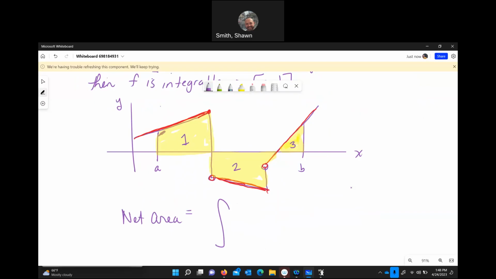And now this says definite integrals is from A to B. So you start at the bottom A and you put B there. You put your limits, your bounds right there of the function f of x dx, which is the area of regions 1 and 3, minus the area of region 2, right?